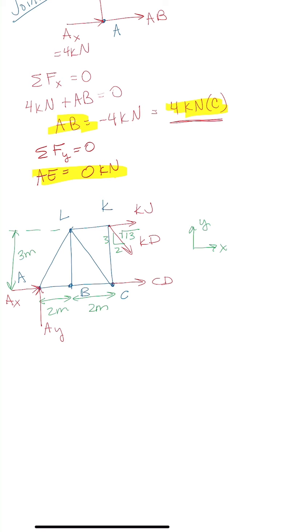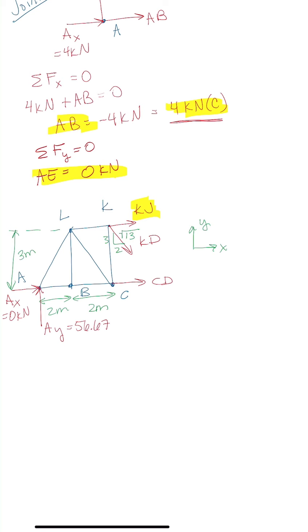And then for the next one on slide 22, we're given that AX equals 0 kilonewtons and AY equals 56.67 kilonewtons, and it has the arrow pointed up, so that means I drew it right on here. And we're supposed to find the forces in member KJ, this one here. You could find the other KD and CD also, but we just need to find KJ.